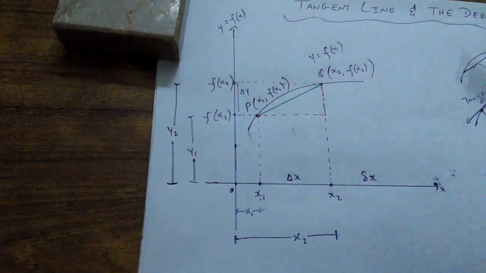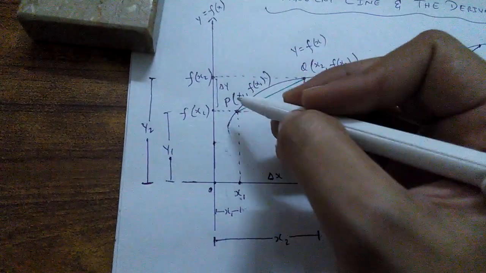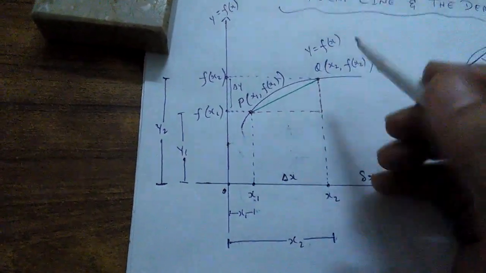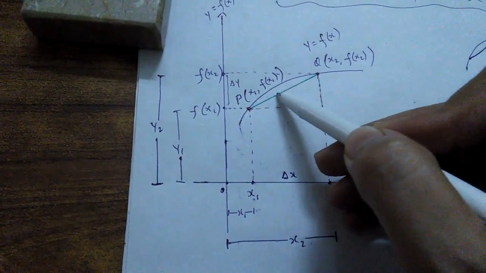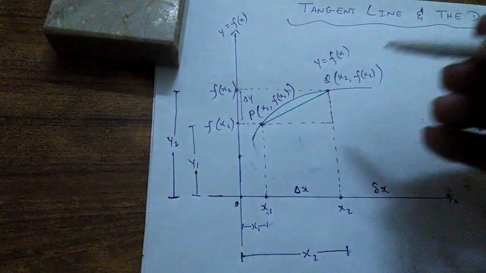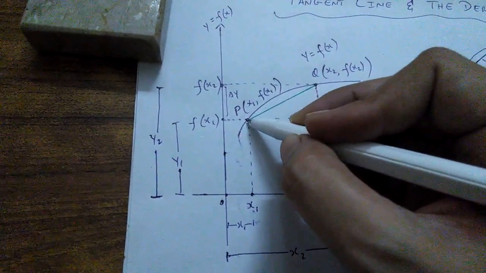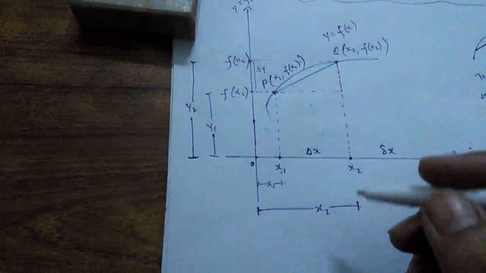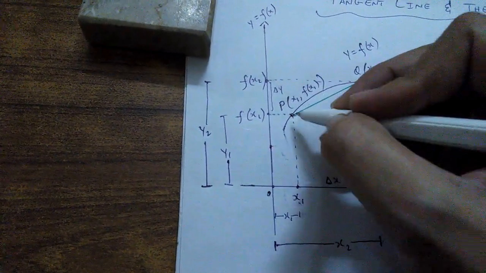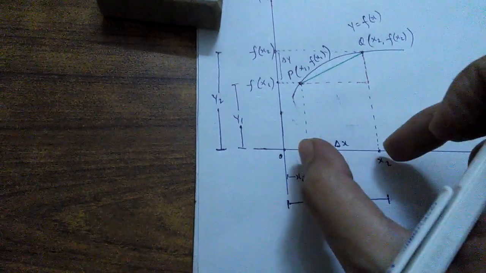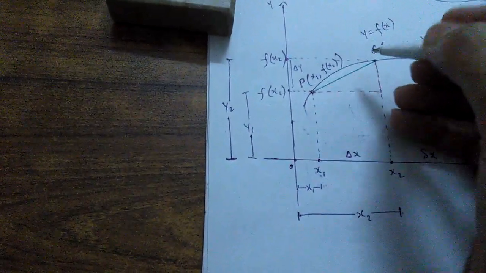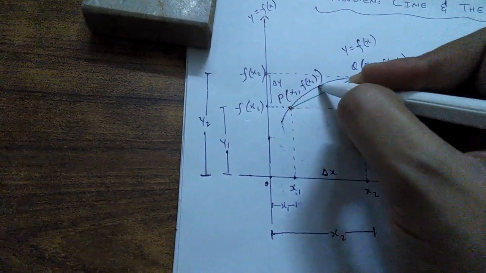Now, how about if I keep your point P fixed and start moving your point Q towards your point P like this. Also you can keep your Q fixed and move your P towards Q, that's your choice. When one point is fixed and the other is moving towards it, this distance is going to reduce because your Q keeps moving towards here.